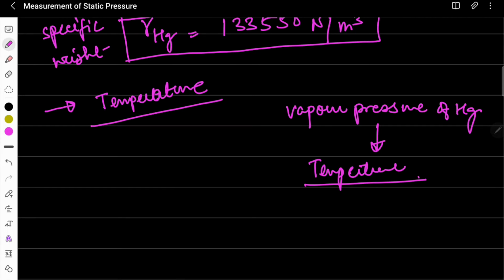So in order to get the exact pressure, we must know the vapor pressure of the Hg at that temperature, so that we can deduct it from the actual value, and that's how you can get the exact value of the P atmospheric.